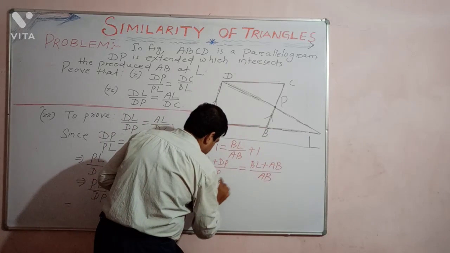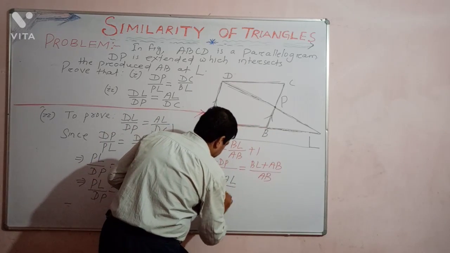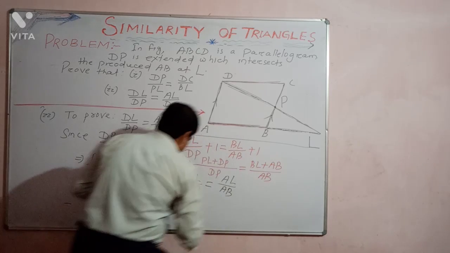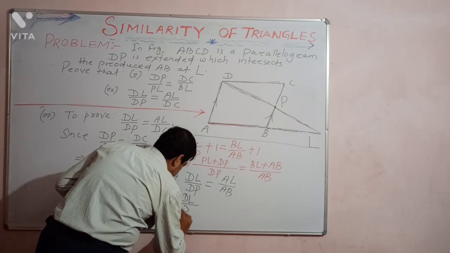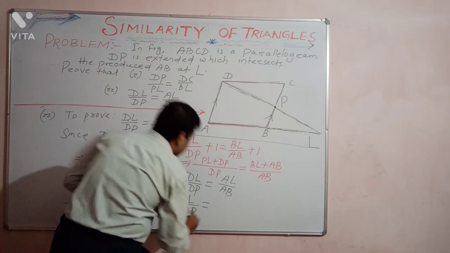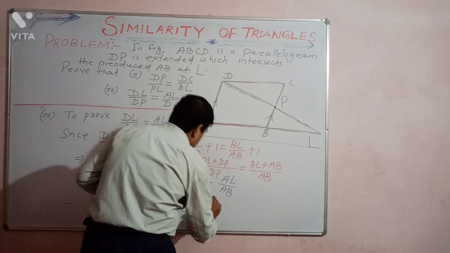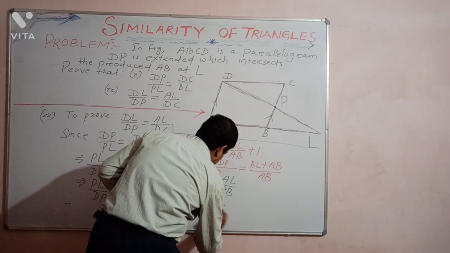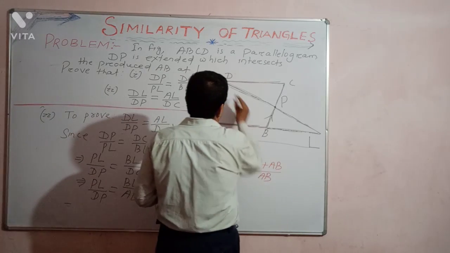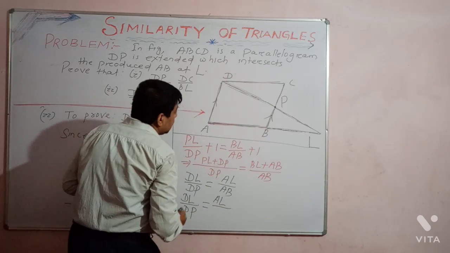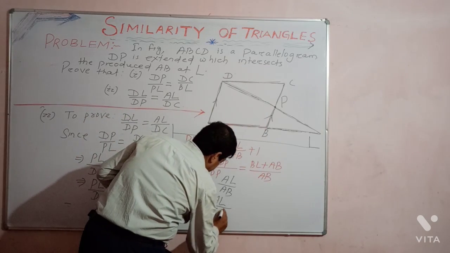Yes or no? So AL by AB. That implies dl upon dP is equal to AL upon AB. Again you can write AB is equal to CD. In place of AB we can write CD.